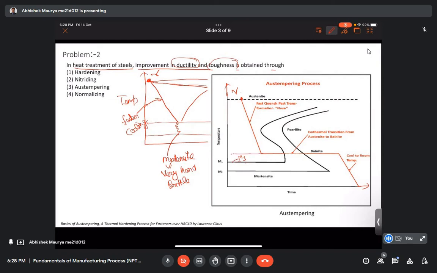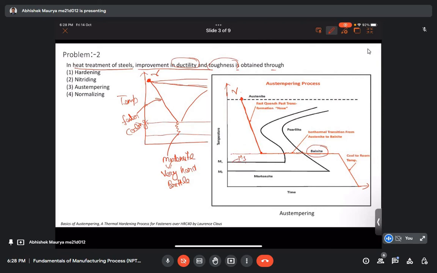So initially we have austenite and cooling is very fast, and we hold the temperature just above the martensite formation temperature. And then what we do, we hold the material at the same temperature, and as time passes, the material will start transforming to a new structure that is called bainite. And bainite has very good properties.